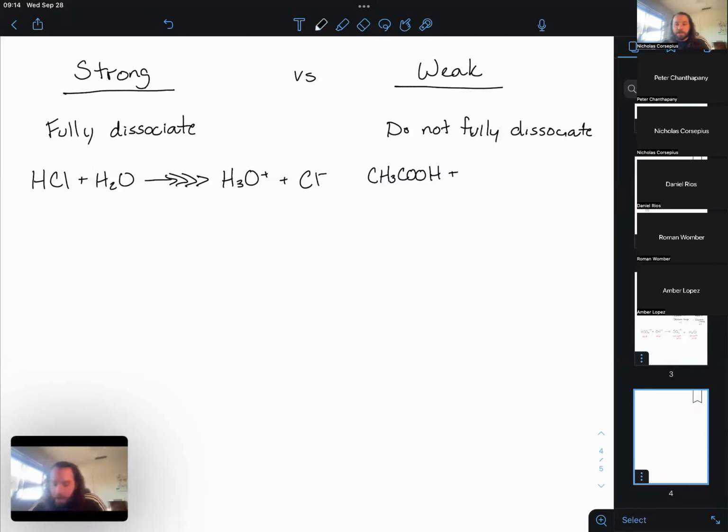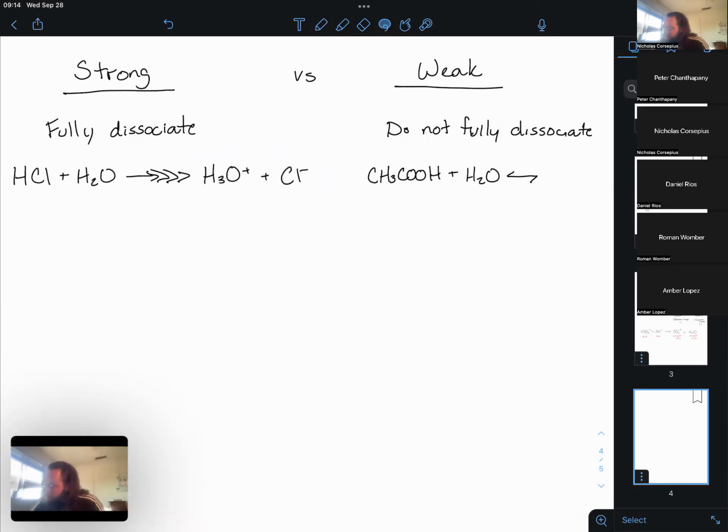And how do I know this is a weak acid? We'll go over that in just a second, but you're just going to trust me that this is a weak acid. And we put this into water. The whole point being that this is now a dynamic equilibrium. This reaction does not go 100% to completion. There's a good bit of this back reaction or reverse reaction that's happening as well.